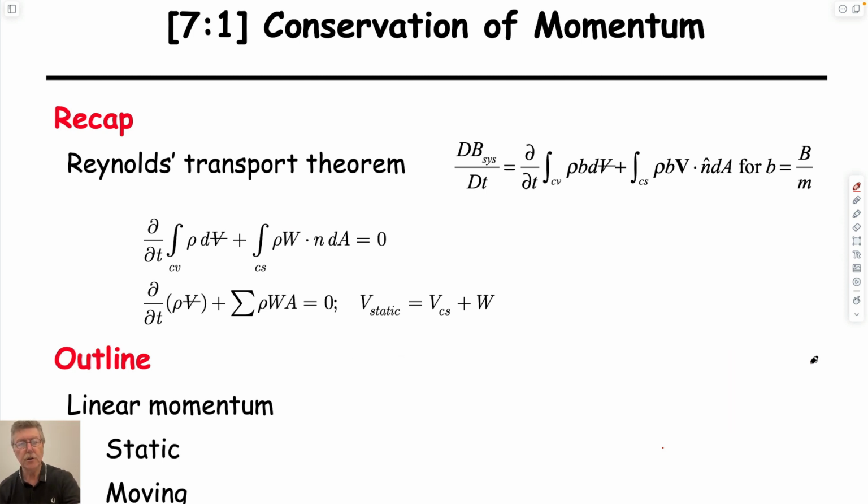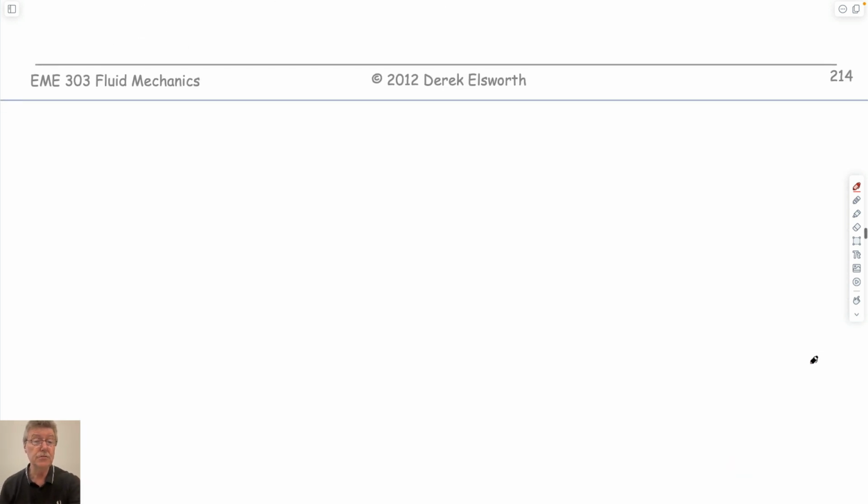Actually, perhaps I'll go a bit further down and do a thought problem. And so the thought problem is a streamline for flow between upstream and downstream. You've seen this many times. Location 1 and location 2.